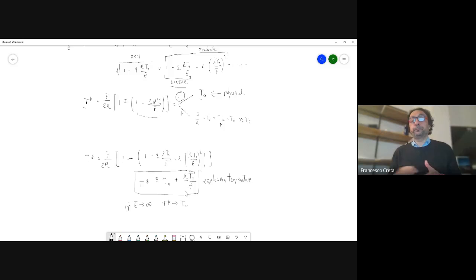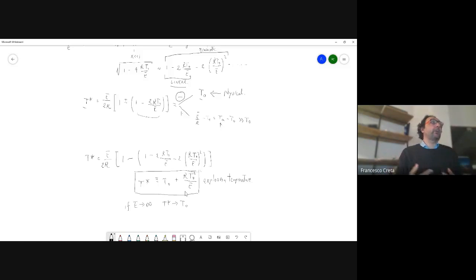Essentially the explosion temperature is lower and lower, and you have this degenerate case where the activation energy is so high that the system always explodes, even at the temperature T0, which we can consider as, for example, an initial temperature. That is the temperature of the cooling walls.